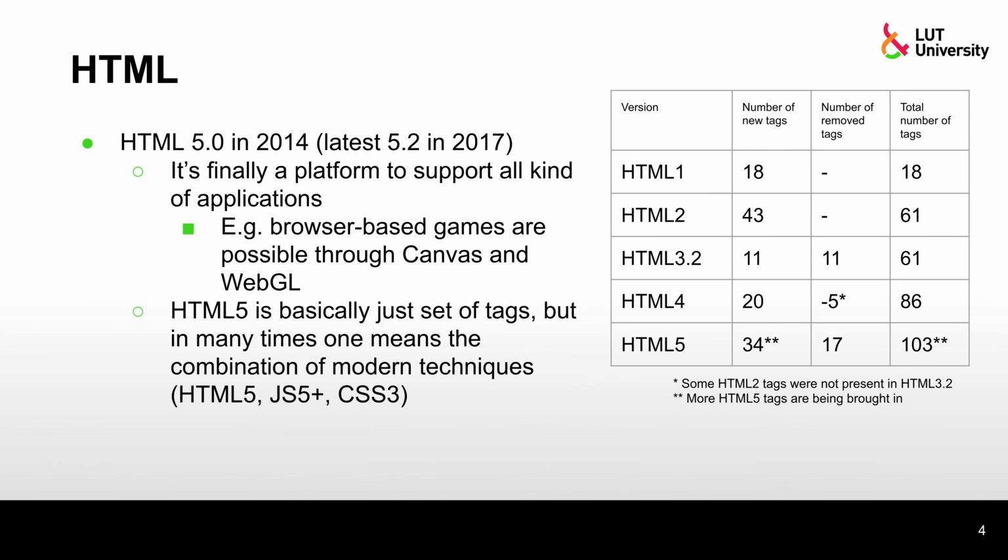HTML5 is basically just a set of tags, but many times if we say, I have an HTML5 application, it means that we have HTML5, JavaScript 5 plus and CSS3, and they are all under the HTML5 umbrella.